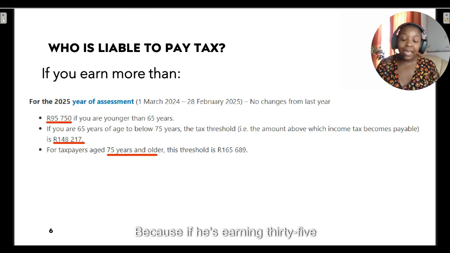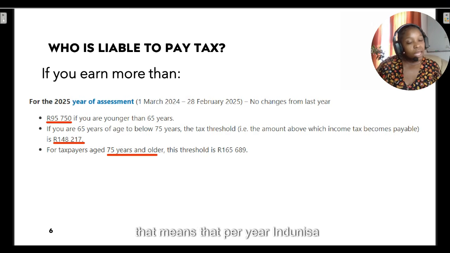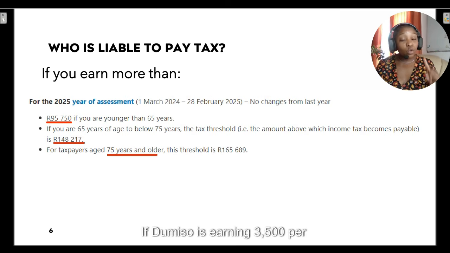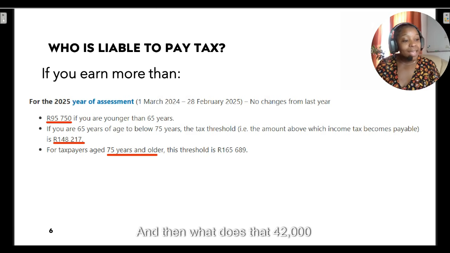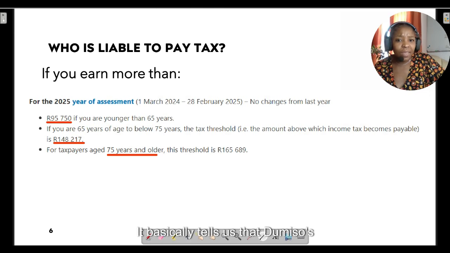Because he's earning 3,500 per month, that means that per year, Ndumiso is earning 42,000. And then what does that 42,000 tell us? It basically tells us that Ndumiso's income is lower than the tax threshold amount.